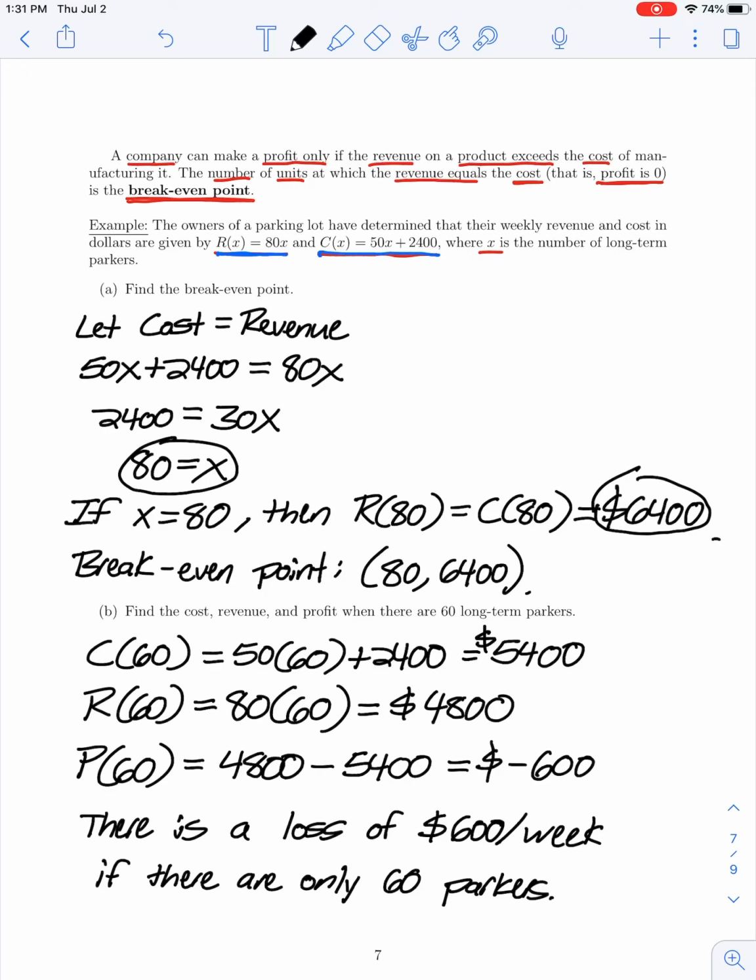And we could have expected a loss in Part B by our work for Part A. We know we had to have at least 80 long-term parkers to break even. So if we only have 60, that's fewer than that, then we would have a loss.